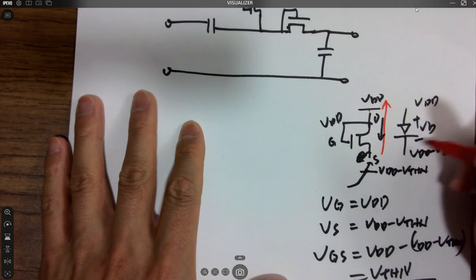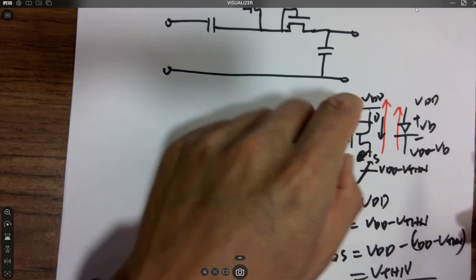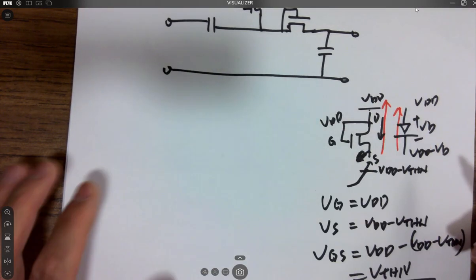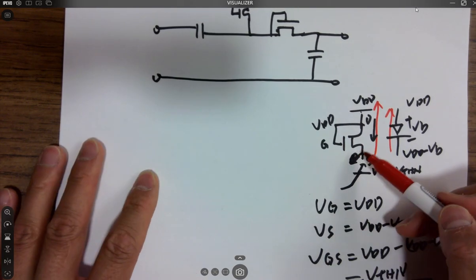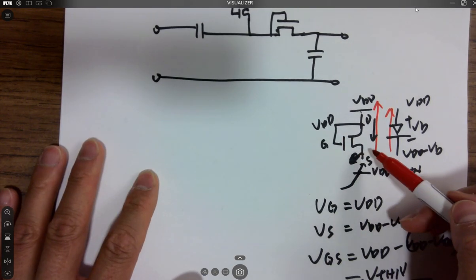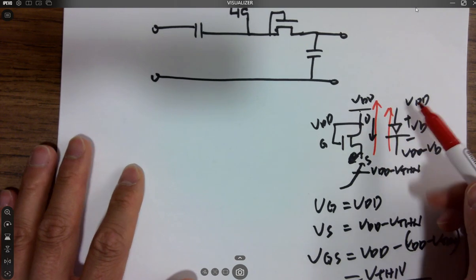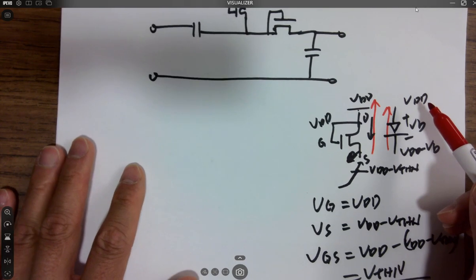Could you tell me why? This diode cannot run current from bottom to top because this is a cathode, this is an anode, so a diode can only conduct current in one direction. This is the same: this guy cannot really run current from bottom to top either. Why? It's because two of the voltages are fixed, right? So even if you change the bottom voltage, you can never get it to run current backwards.